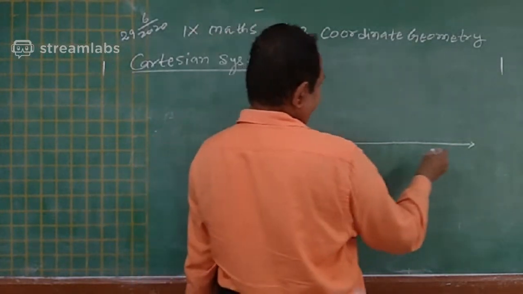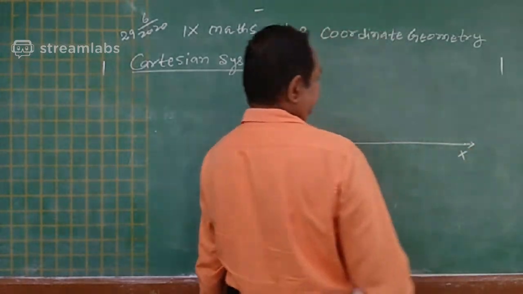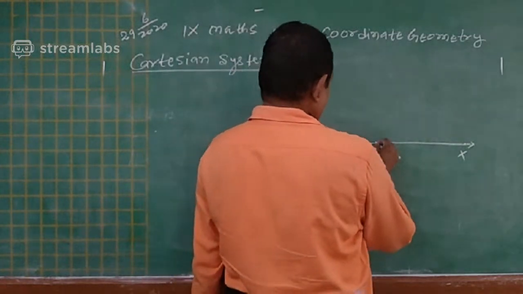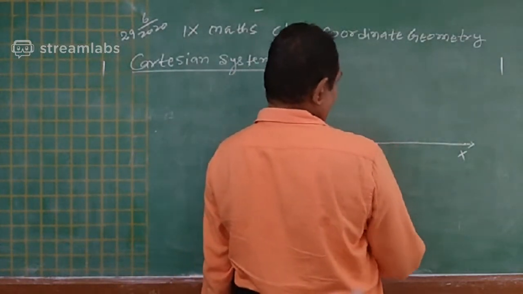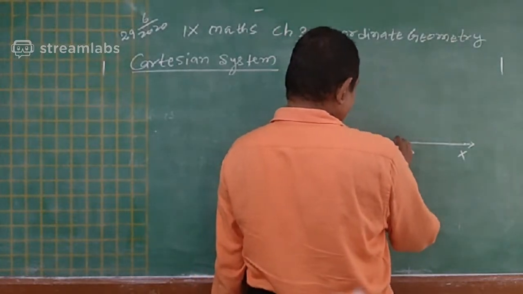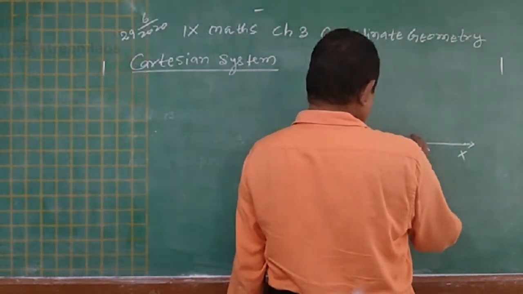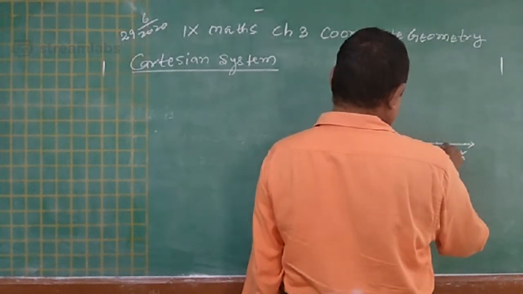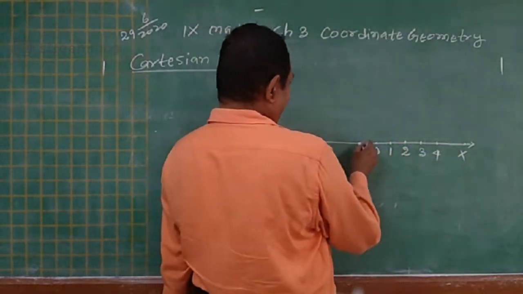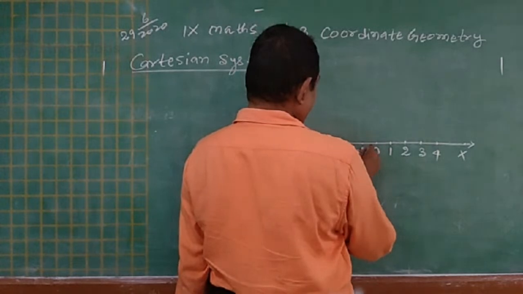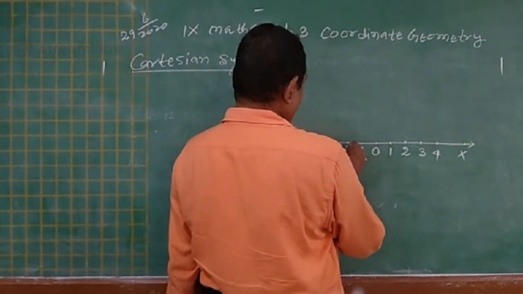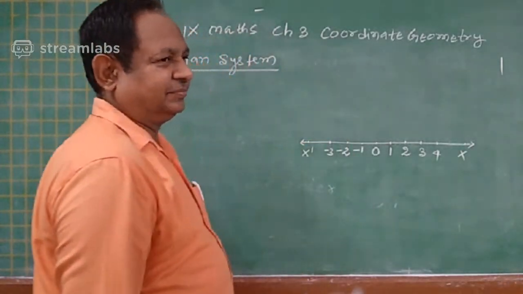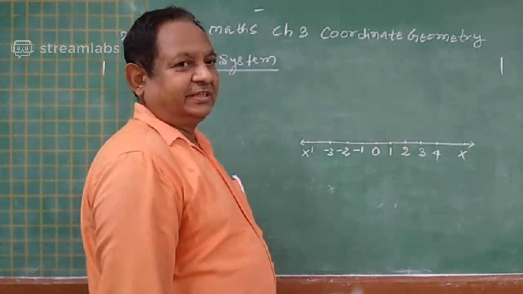X dash x is a horizontal line. O is the origin, or 0. On this side, at equal unit points, are 1, 2, 3, 4. And left of 0 are minus 1, minus 2, minus 3, minus 4, minus 5. This is a number line.